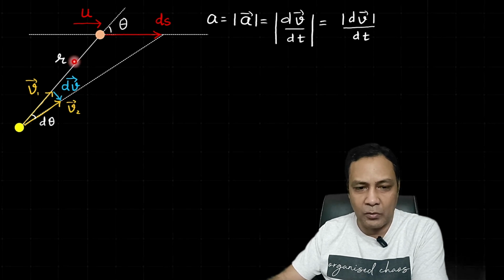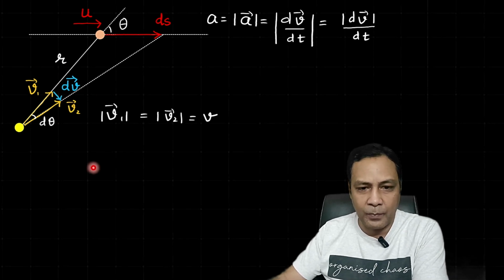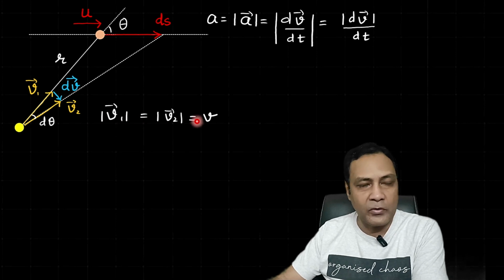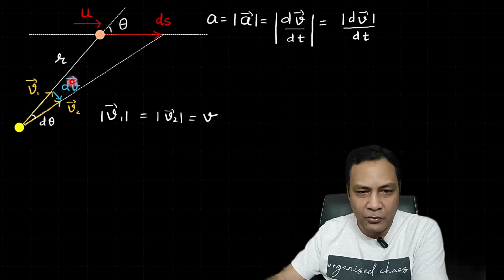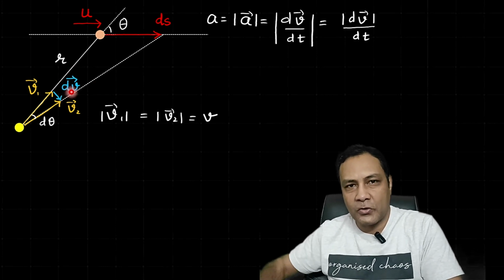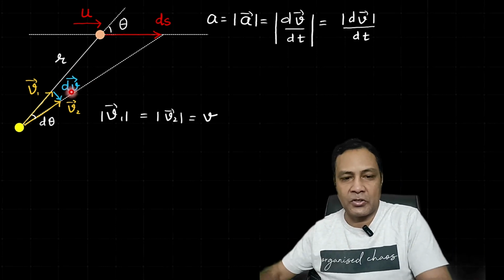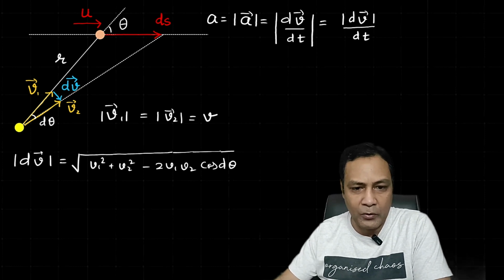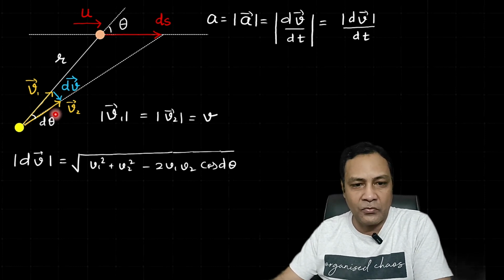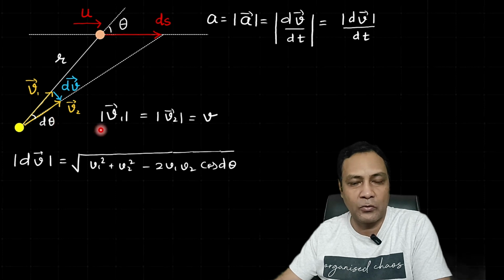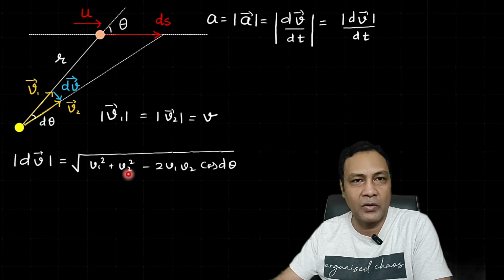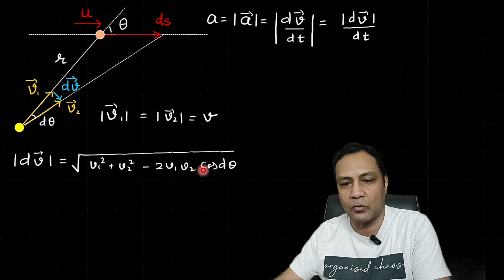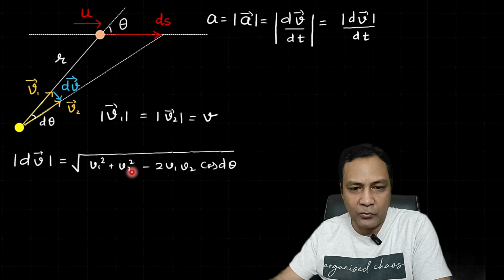So using the cosine rule, v1 vector and v2 vector have the magnitude v, and the magnitude of the change of velocity of the cheetah during that time interval dt, that dv vector magnitude, is the square root of v1 square plus v2 square minus 2 v1 v2 cosine of the angle between them, that is d theta. So putting v1 and v2 as v, that becomes 2v square minus 2v square cos d theta.